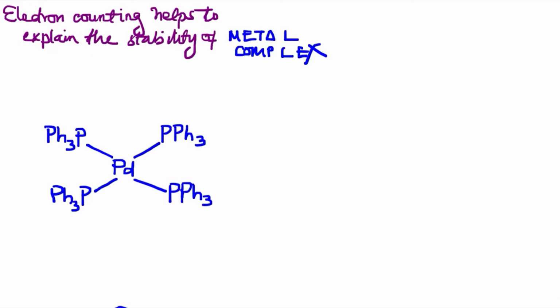Truly excited to be back again to talk with you all about a particular topic that's a continuation from our Organic Chemistry 3 series. In here we're going to be looking at electron counting, which helps to explain the stability of metal complexes.